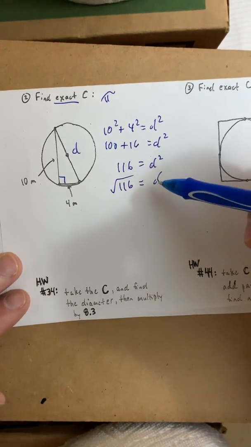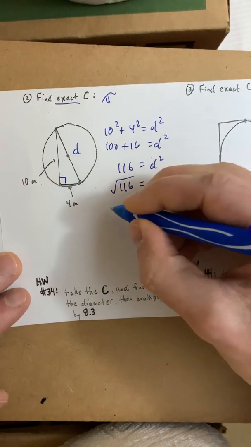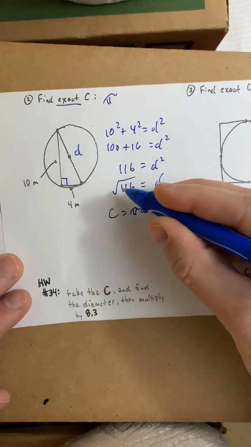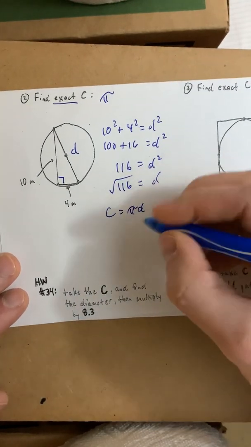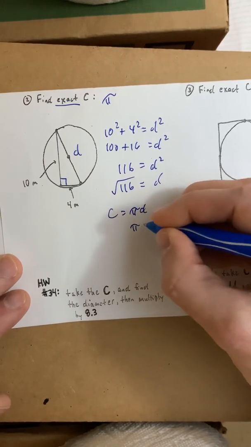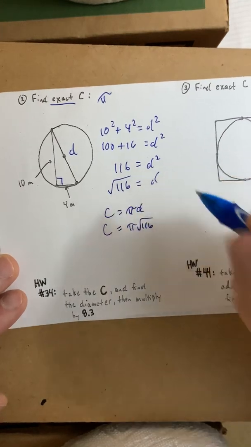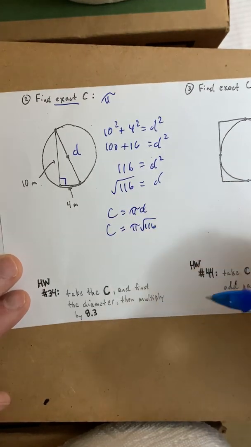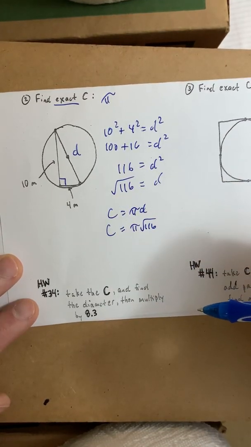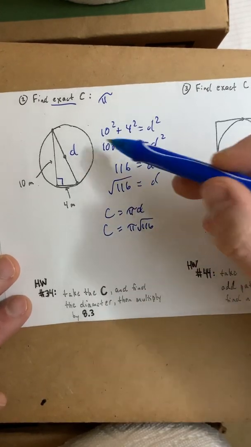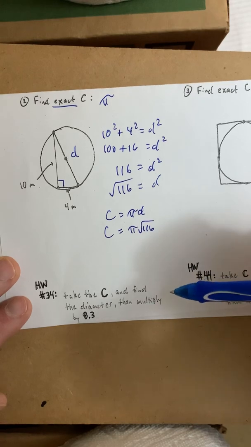Since we have the diameter, we can pull up the circumference formula, and we plug square root of 116 in for D. And that is our circumference. It looks a little unorthodox with our pi symbol and our radical, but we want exact, so we're going to leave it like this.